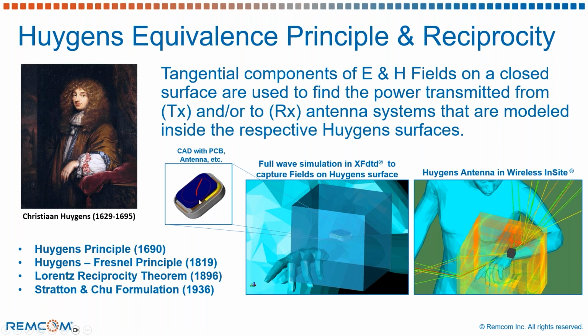In a full wave solver, you would be using all that geometry, all the material properties of that small scale geometry, plus the geometry and physical properties of the arm it's right next to, to simulate in full wave what's going on, all of the near field interactions, everything that's physically present inside this volume. You capture those fields on the Huygens surface. Those fields are then able to be brought into Wireless InSite and used in the ray trace.